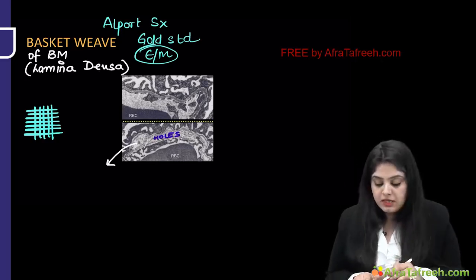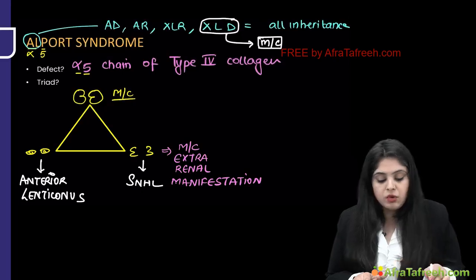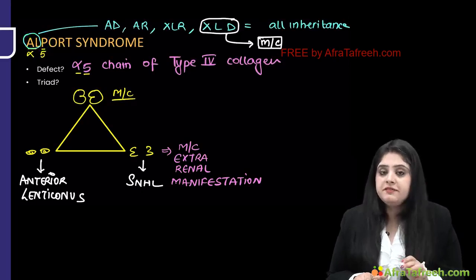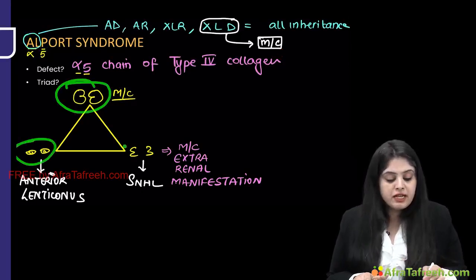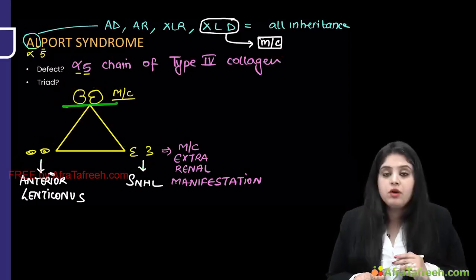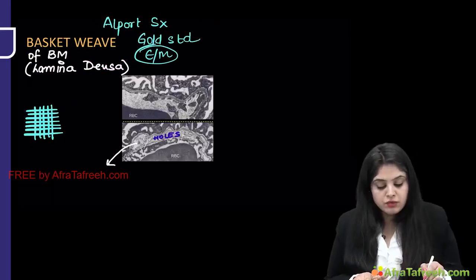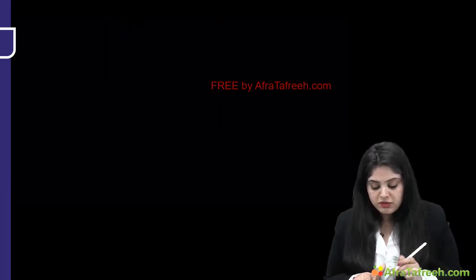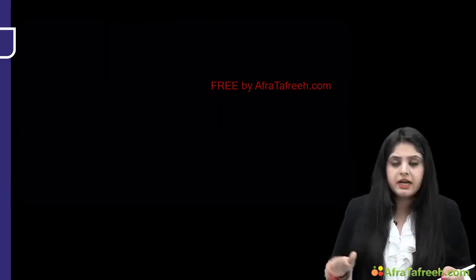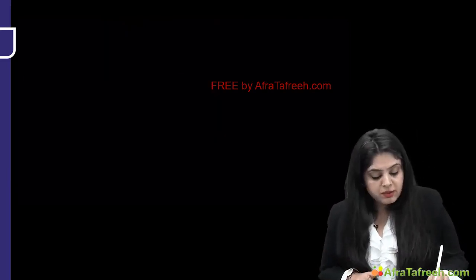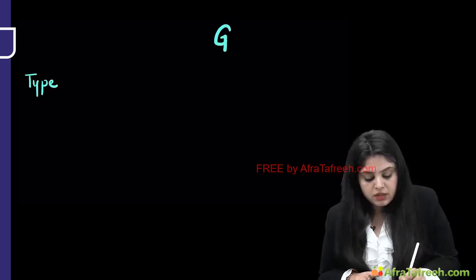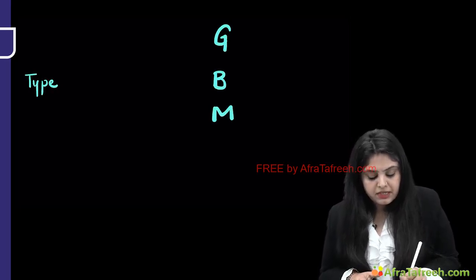So repeating, when I'm talking about Alport, it has all the inheritances. It has Alp, that is alpha penta, alpha 5 defect. It has a triad of kidney, eyes and ears. Kidney is the most common organ affected, and that shows you the basket weave appearance. This means I have to give you a mnemonic, otherwise you're going to forget all the chains. So the concept was that the basement membrane is affected. What? The glomerular basement membrane is affected.